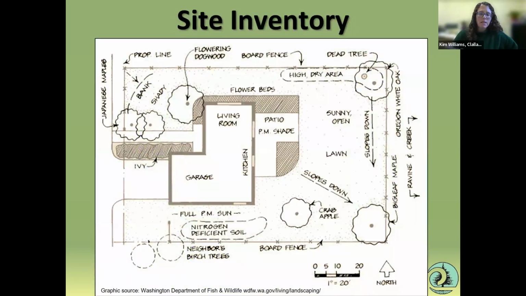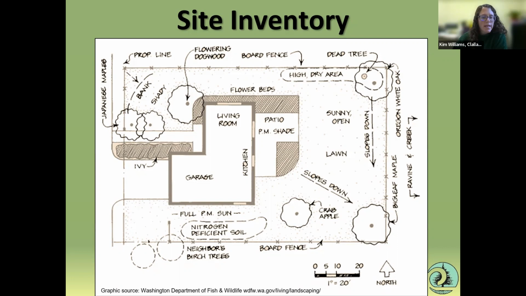So this might be a look at what your base map might look like. Of course, you will have measurements in here all around the buildings, but you can just start putting things down. Like right here, it slopes down. Right here, we have a crabapple tree, it's about that wide.